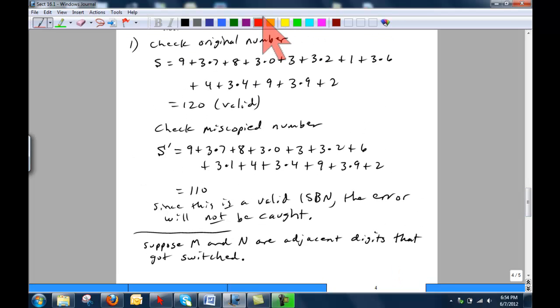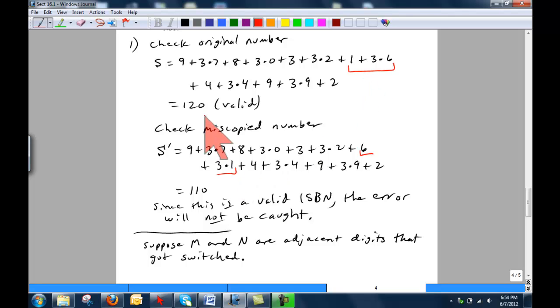Notice the similarity in the pattern. This had a 1 plus 3 times 6. And this had a 6 plus 3 times 1. So that piece here added up to 19. That piece here adds up to 9. And the reason that this error wasn't caught was that 19 and 9 are sort of alike. When you're checking divisibility by 10, they differ by 10.